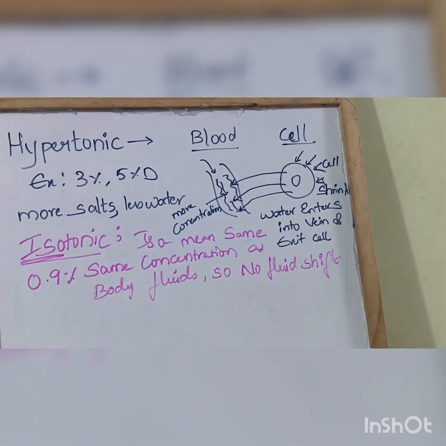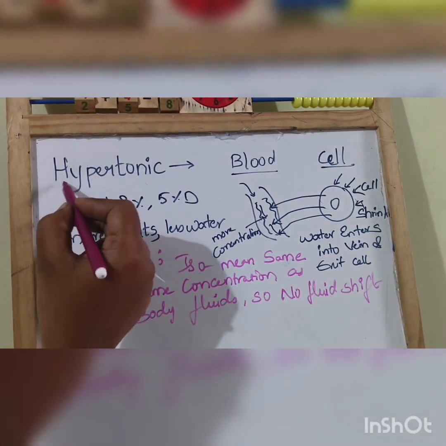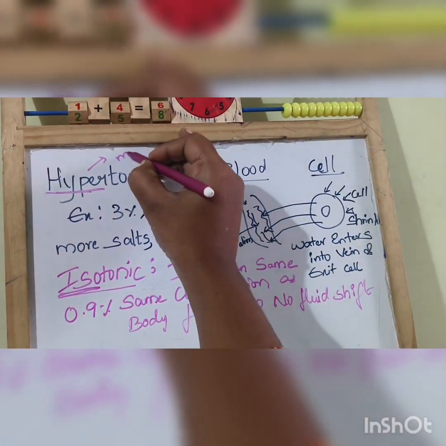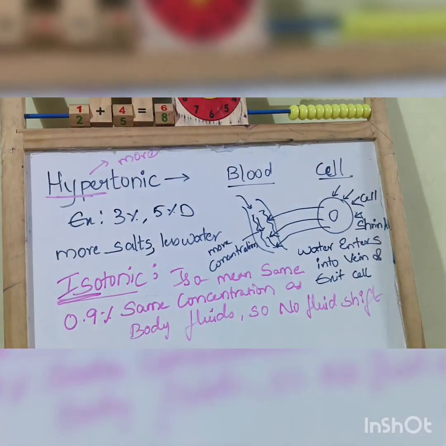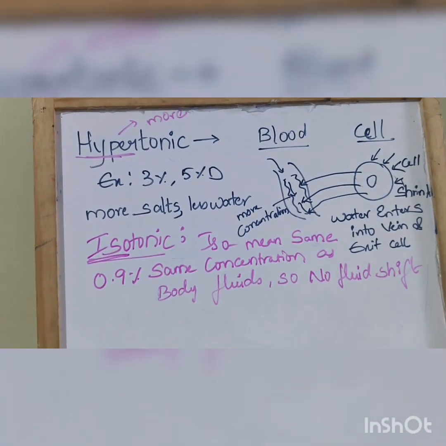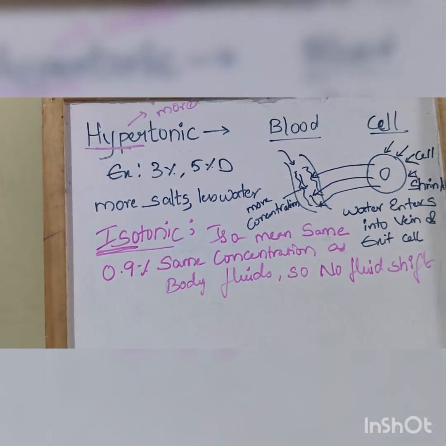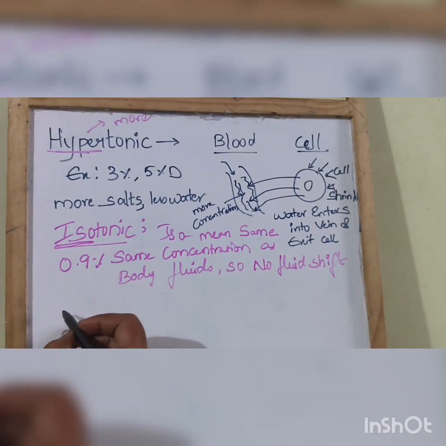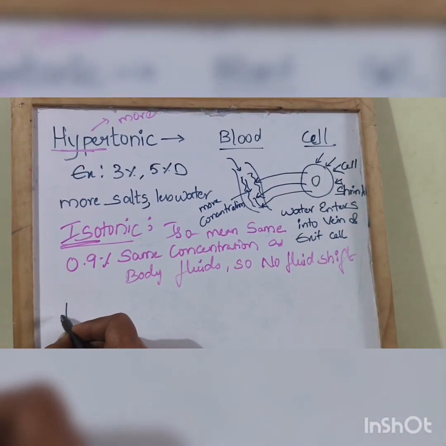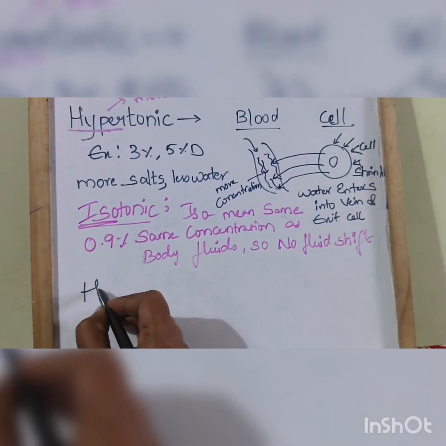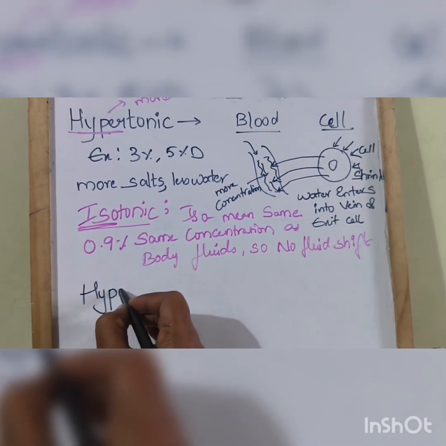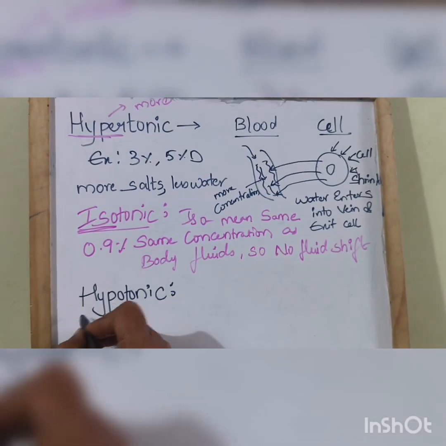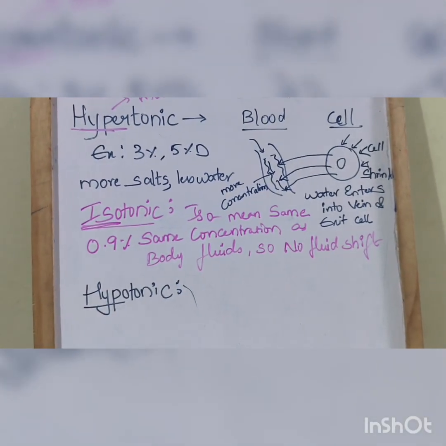If you identify these tricks, you will get the answer easily. Isotonic is like our body fluids only, so there is no shift in volumes of fluid.